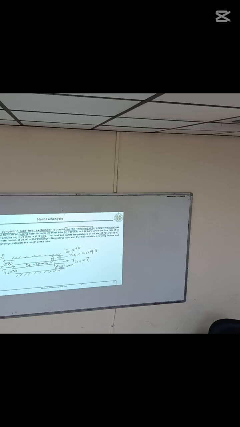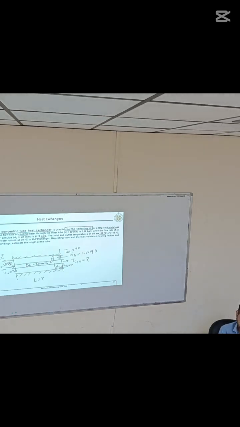Yesterday we studied fouling factors; we can include them. Also neglect heat loss to the surroundings. Calculate the length of the tube: what length of tube will accomplish this task? In other words, we want to find the heat transfer area.